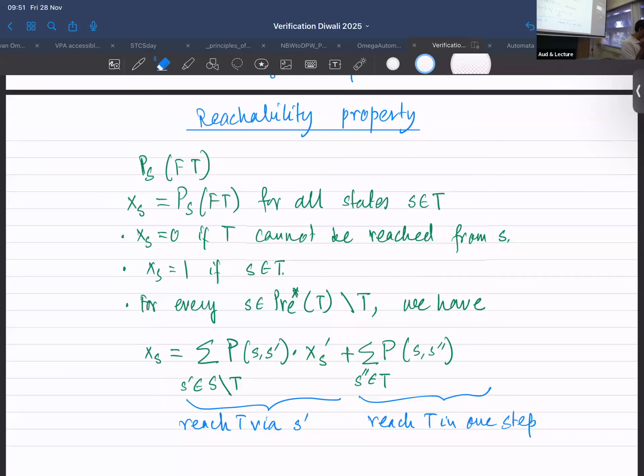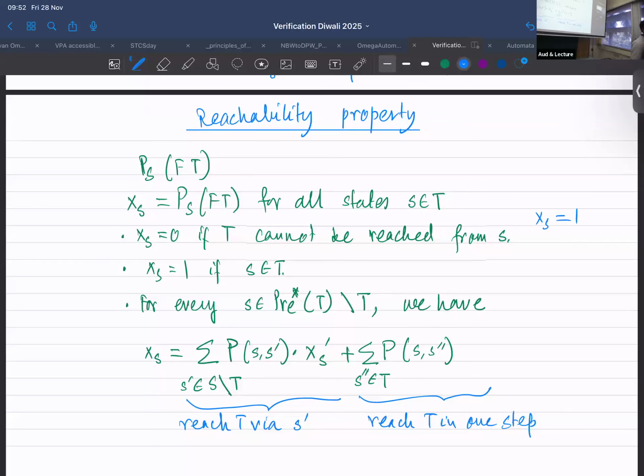Okay. Now, we also know that for the other states, it can be between 0 and 1. Sometimes it's not necessary that, suppose there can be a state which is outside T, but from which T is reachable. For that also, the value of xs can be equal to 1.